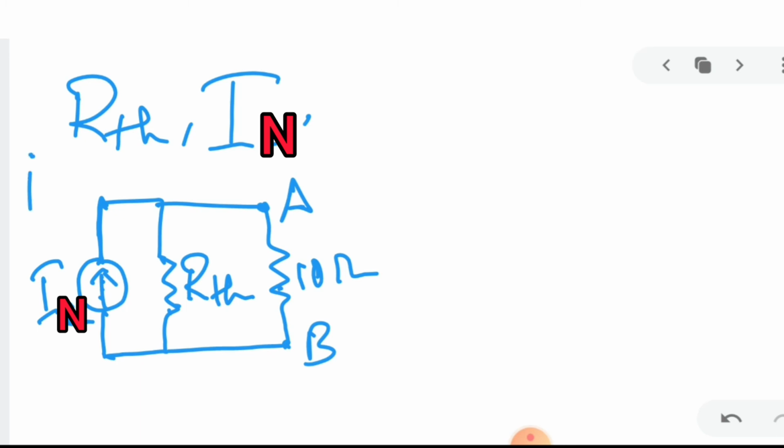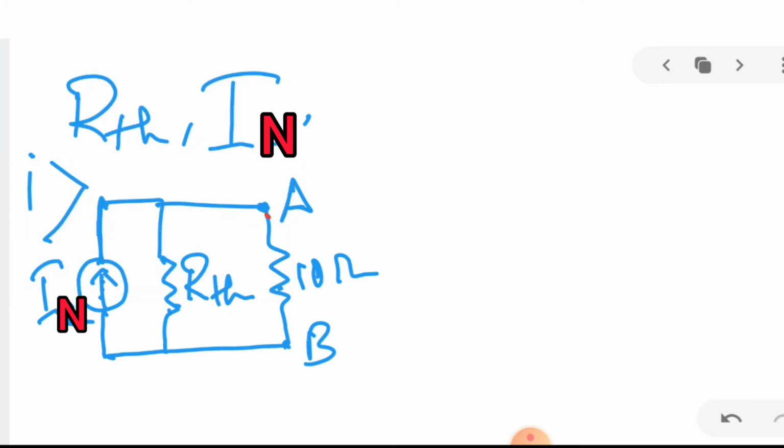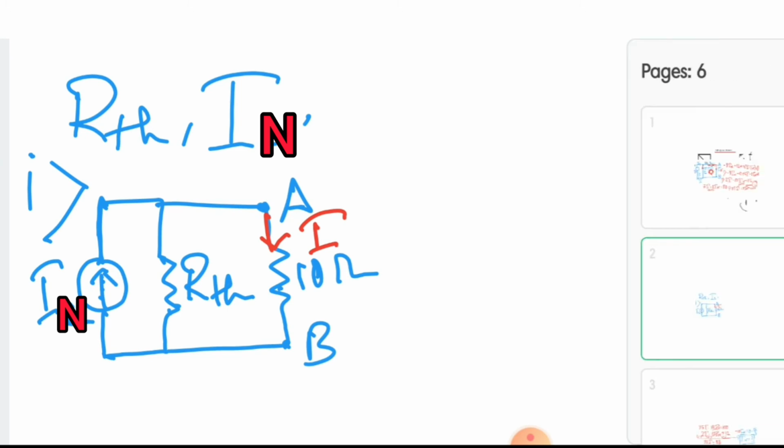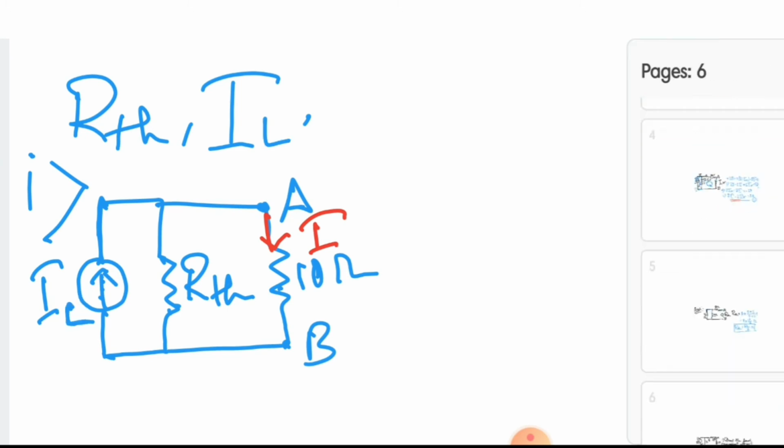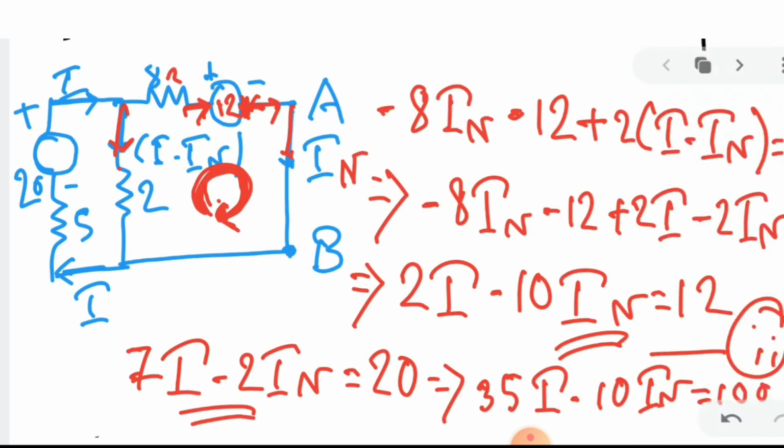So from Norton's, it is question number 1, and in this question it is find the I. And one more thing: I am assuming the Norton's current direction in this direction.